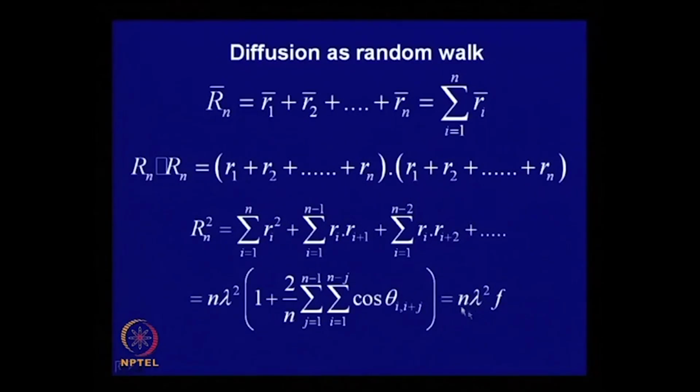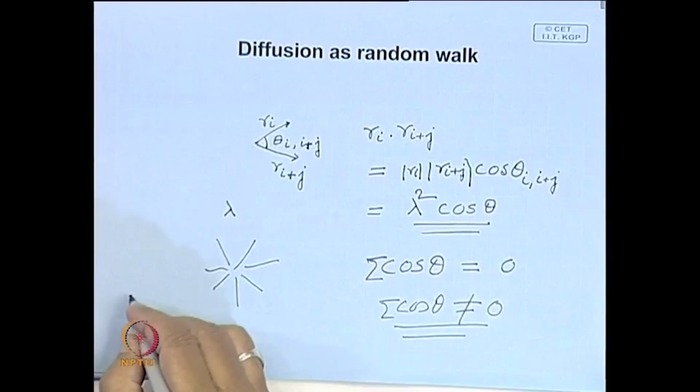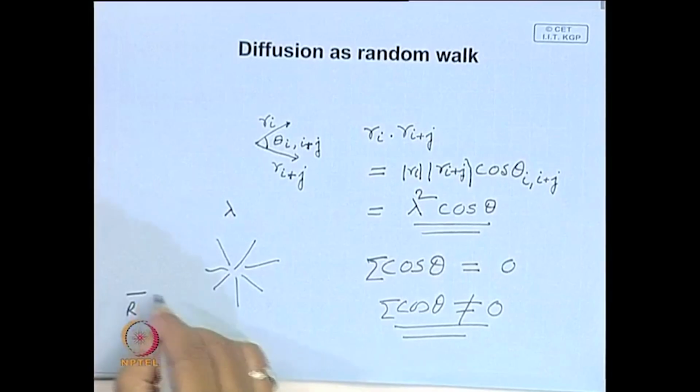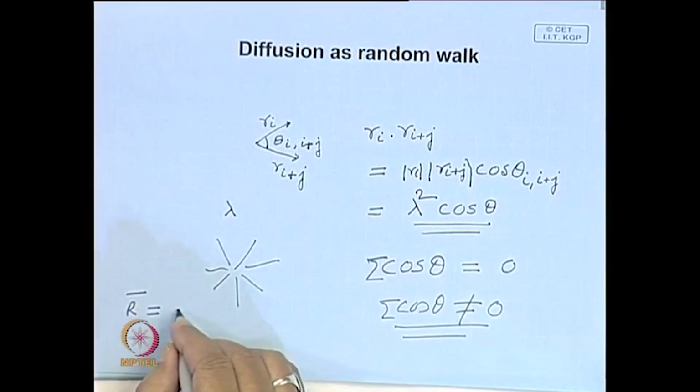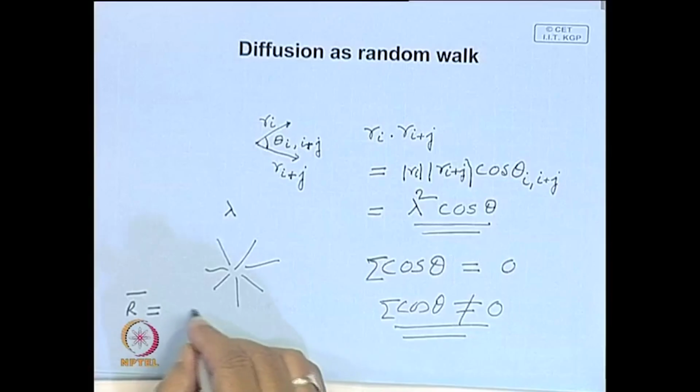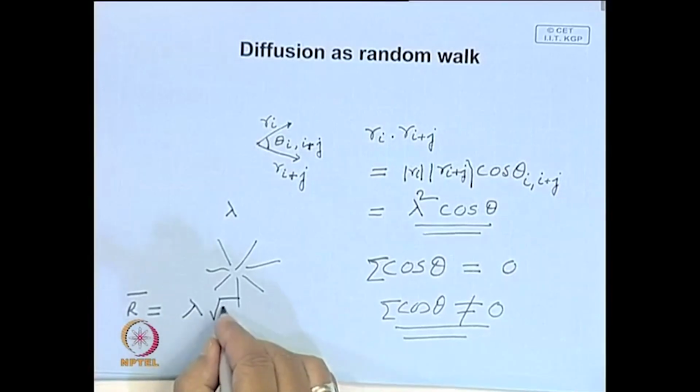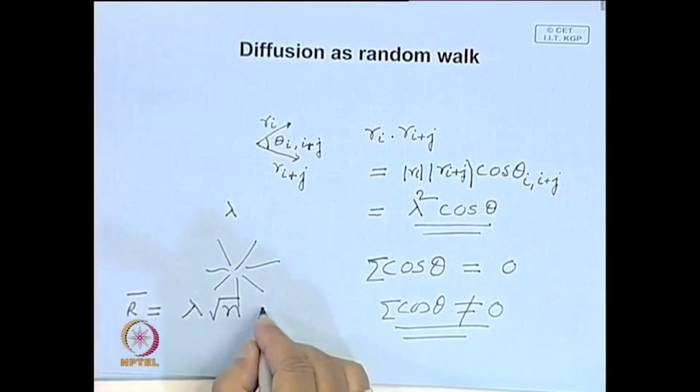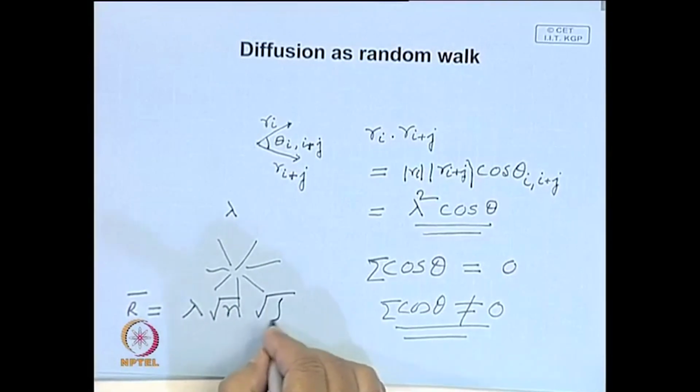That means that the average distance of a random walk will be equal to lambda root n, and there will be a concentration factor.